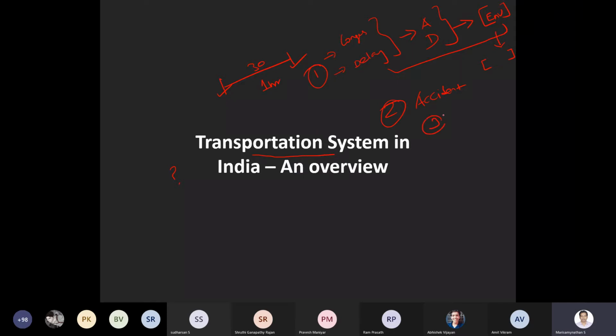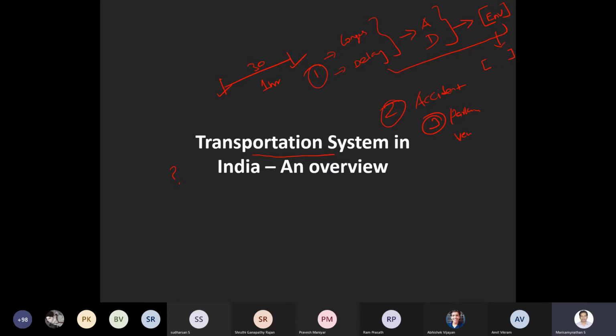Then other issues like parking issues are happening. There is so much vehicle growth. Everybody is crazy to purchase a car, a two-wheeler, or two vehicles per house, so the growth of personal vehicles is happening.